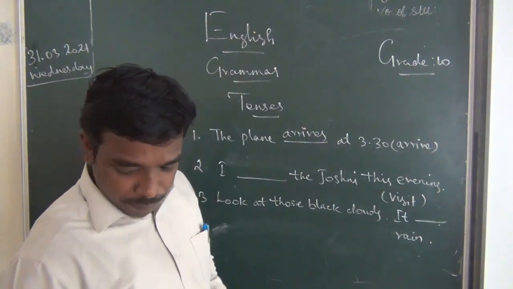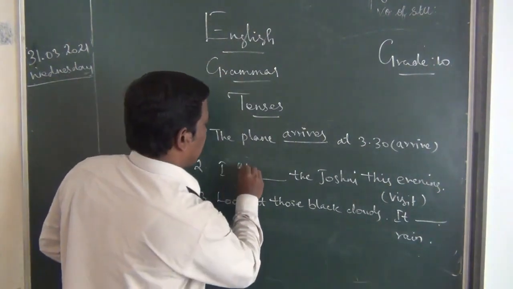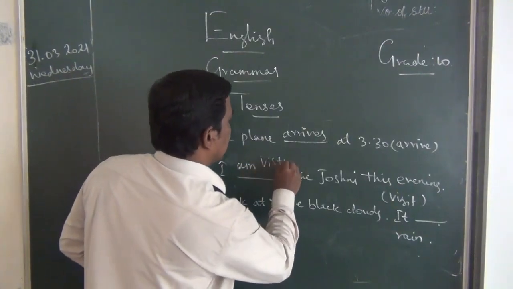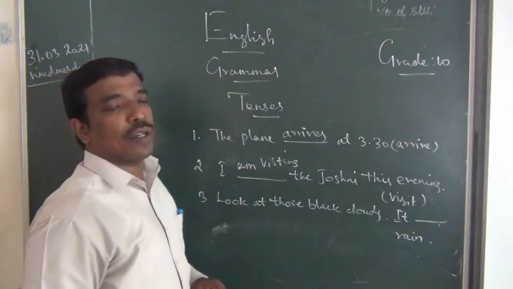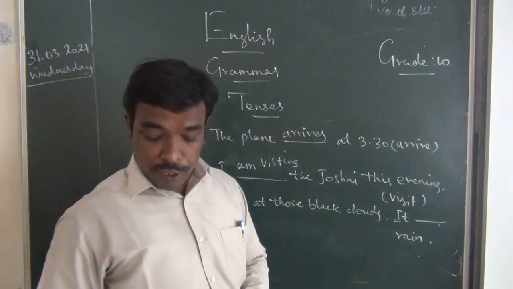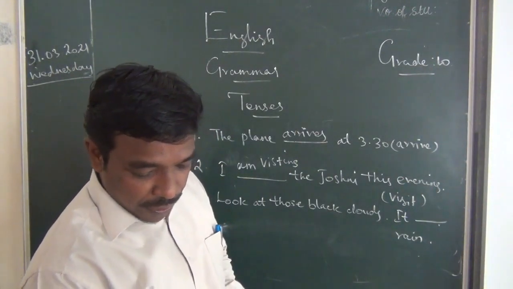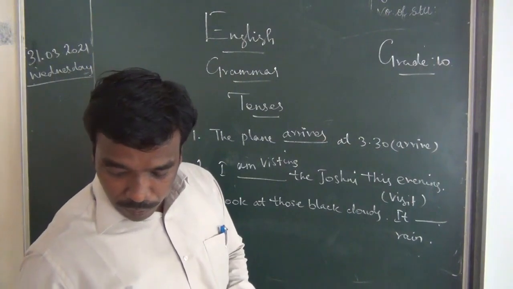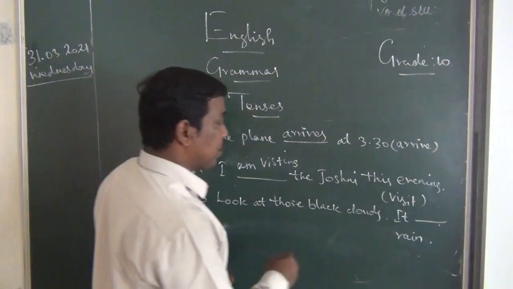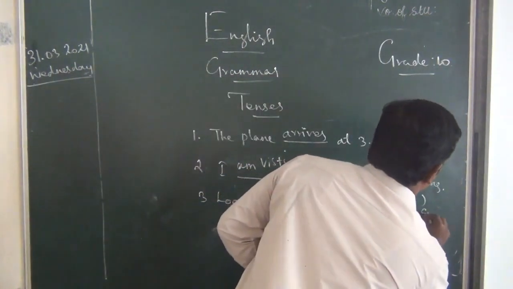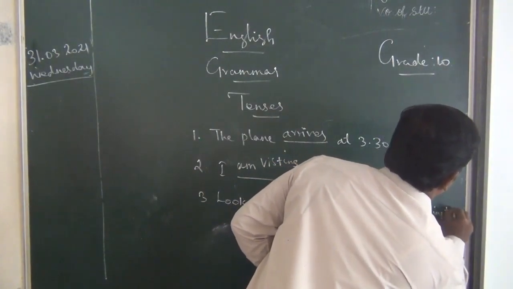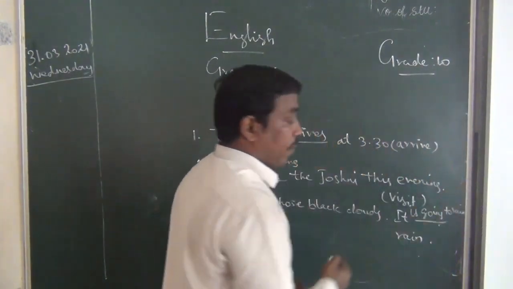For personal arrangements we can use present continuous tense. The next one: look at these black clouds, it is going to rain. That is the form we should use.